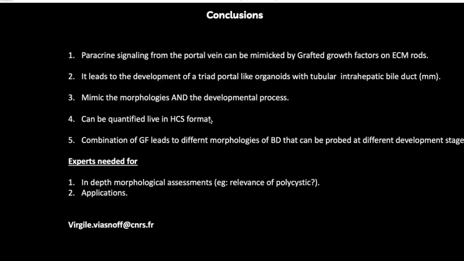So that's a very powerful technique that is, I think, underused for that purpose. And if you play with different growth factor combinations on the surface of the rod, then you end up with different morphologies of the bile duct. In particular, some of them look polycystic when you have less JAG1, clearly.